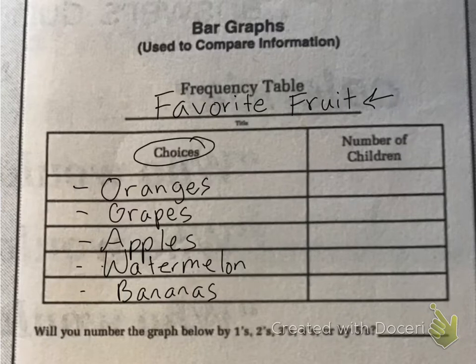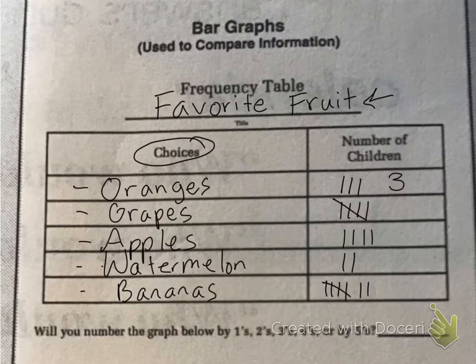Okay. So let's say that we had 3 people like oranges, 5 people like grapes, 4 people like apples, only 2 people like watermelon, and a whopping 7 people like bananas the best. Okay, so we would write down the number of children, we would use tallies, or we would just write down the number.